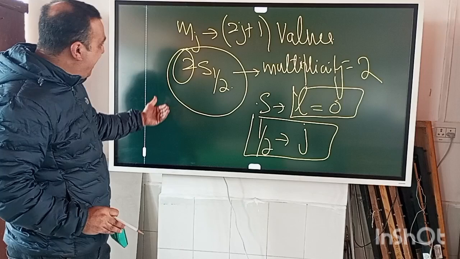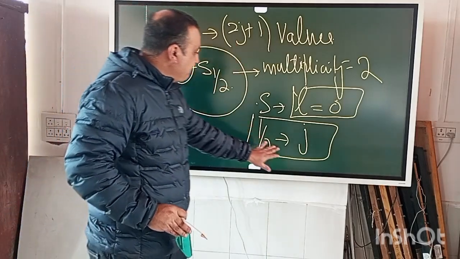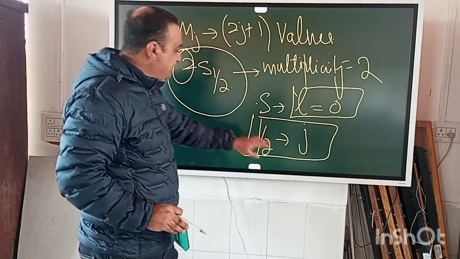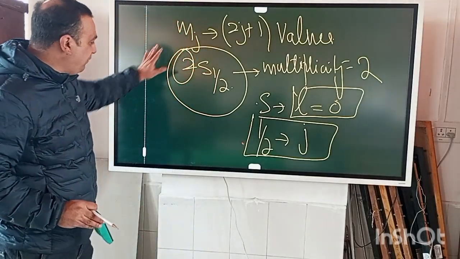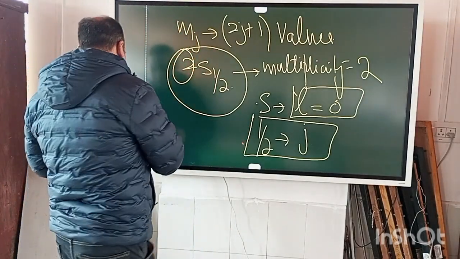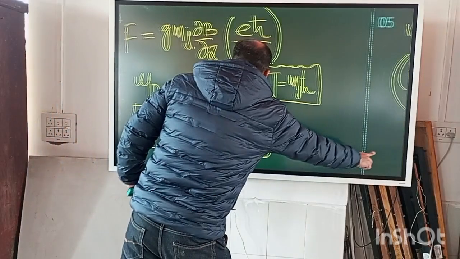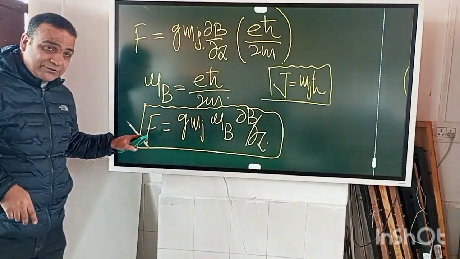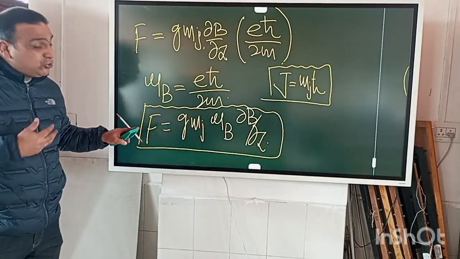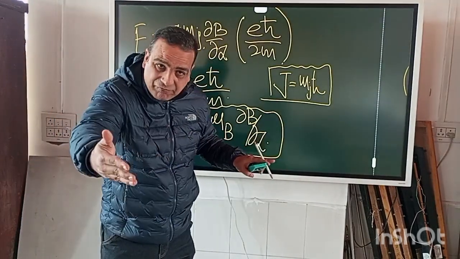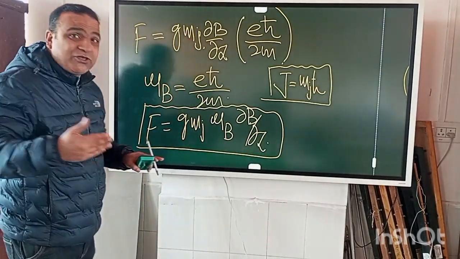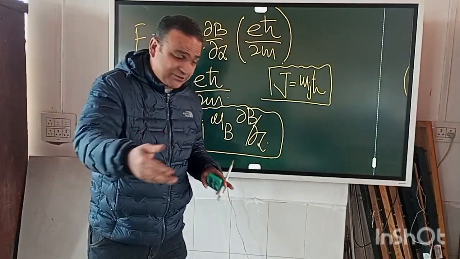If I utilize this for silver atoms using J equal to 1/2, I would like to see what will be the value of mj, and we understand that mj is part of the force. So if you have a range of values of mj, your force is also going to break into those parts.